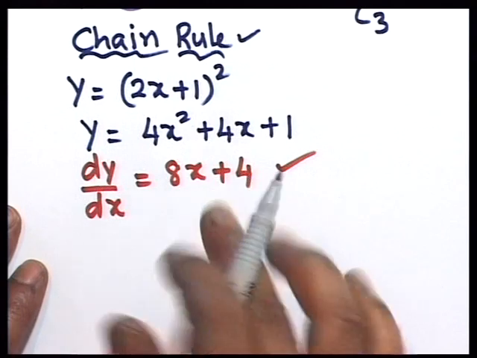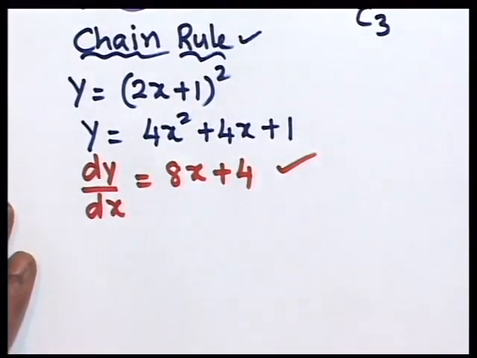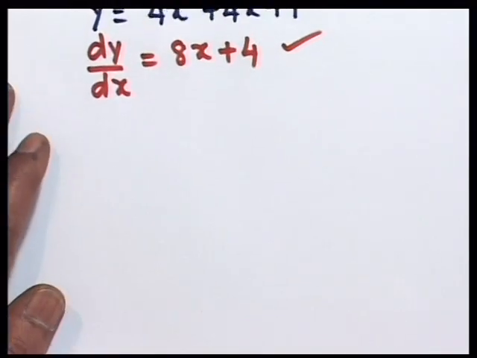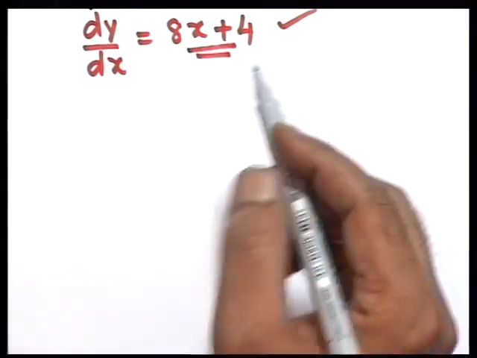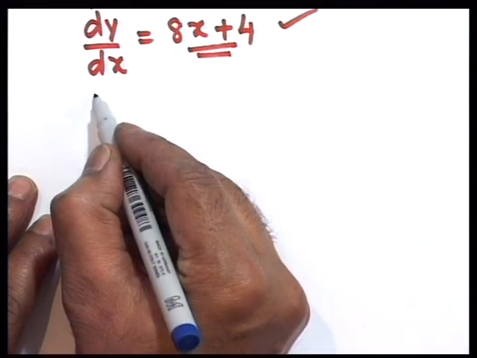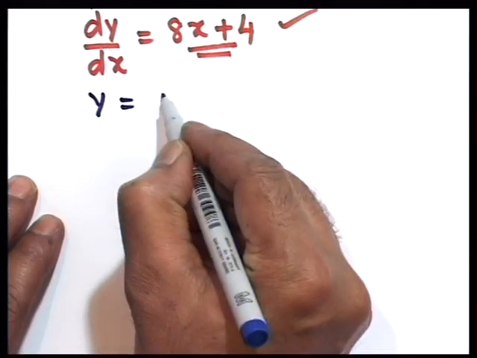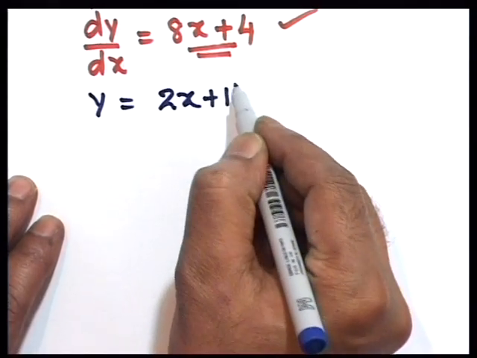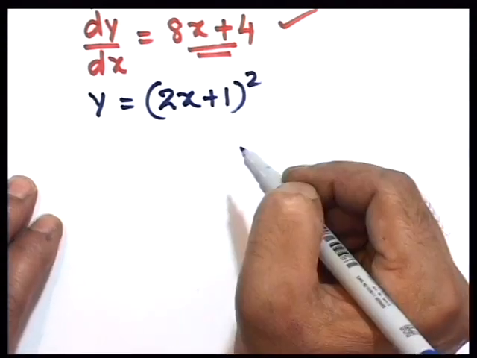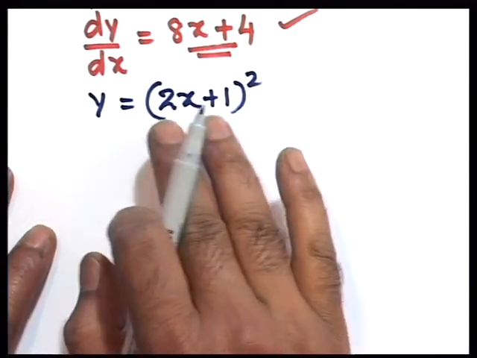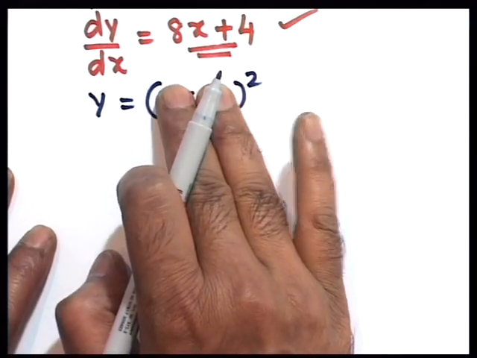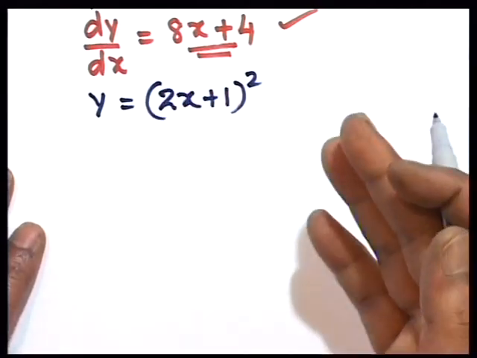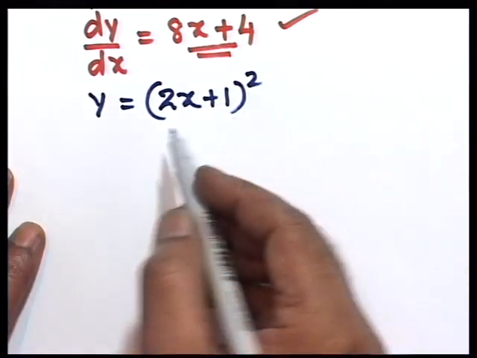Now let's solve this using the chain rule and try to understand the meaning of the chain rule. I'm taking the same question, so I'm supposed to get the same answer. The question is y = (2x + 1) squared. The first few sums I will do slowly. We use a method called substitution. We consider the bracket, 2x + 1, to be another letter, a u or p or q.